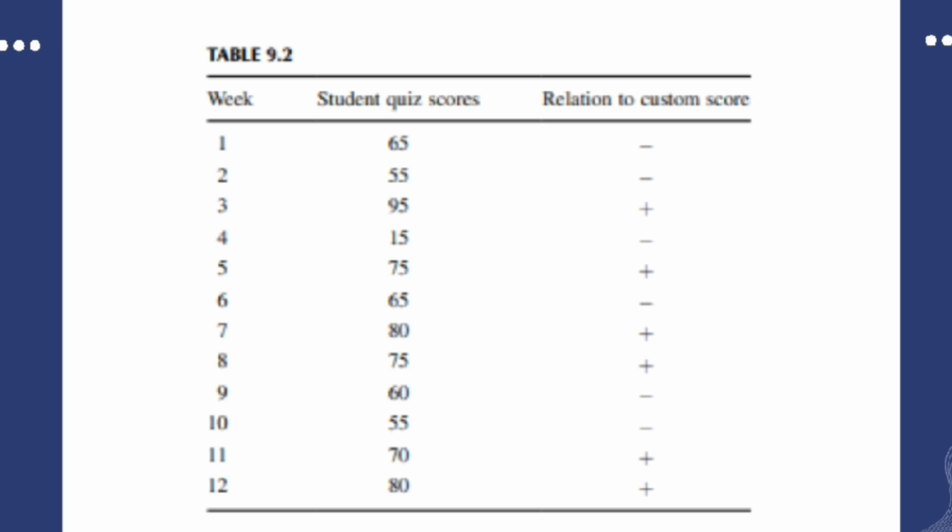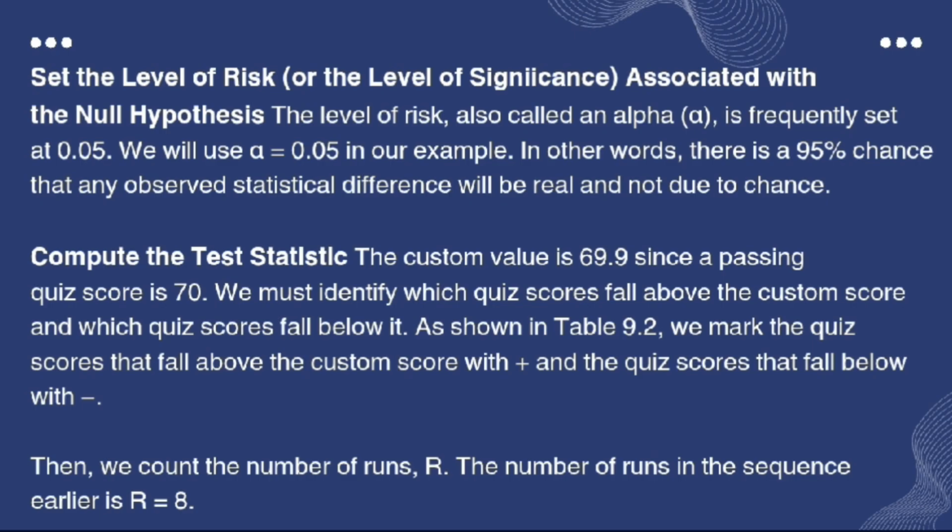Week 6, 65, so negative. Week 7, 80, so positive. Week 8, 75, positive. Week 9, 60, negative. Week 10, 55, negative. Week 11, 70, positive. Week 12, 80, positive. So again, R is equal to 8.